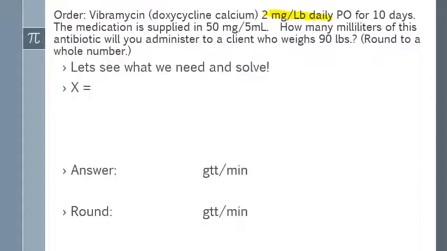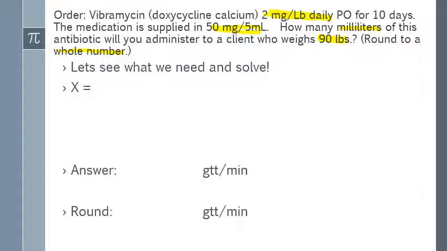That's just telling you how long you're going to give the medication. We have the supply as 50 milligrams per 5 milliliters, and we are solving for milliliters. Now, we know that the client weighs 90 pounds. And remember, our order says 2 milligrams per pound daily. And we also need to go to a whole number.